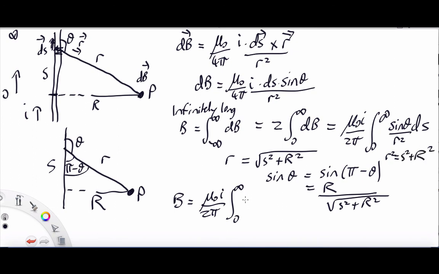So we end up with R at the top. At the bottom, it's s squared plus R squared times square root of s squared plus R squared, which gives us s squared plus R squared to the 3 over 2 times ds. So we'll continue over the page.